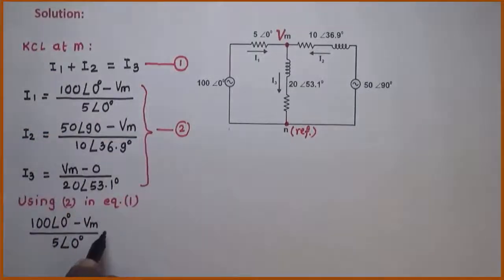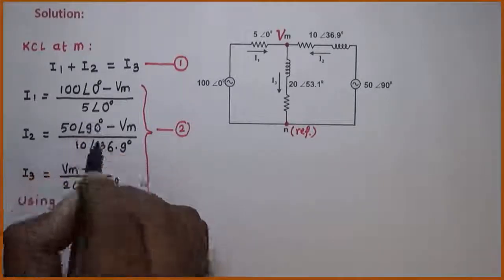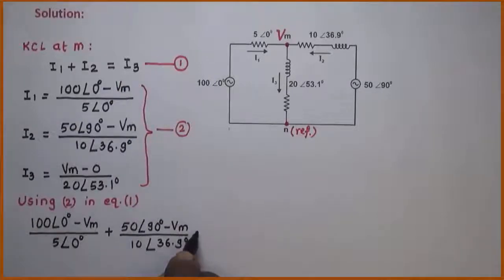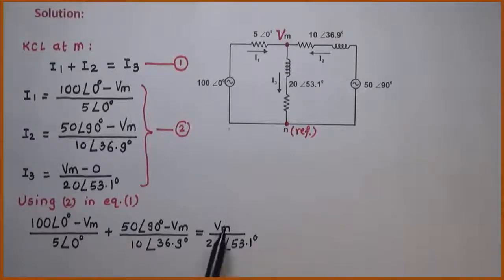Now I2 plus 50 angle 90 degree minus Vm divided by 10 angle 36.9 degrees. This is the value of I2. Now this is I3, which is Vm minus 0, nothing but Vm divided by 20 angle 53.1 degree. Now this equation is totally expressed in terms of Vm. So solving this equation, we get the value of Vm.